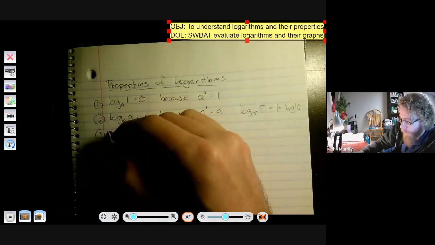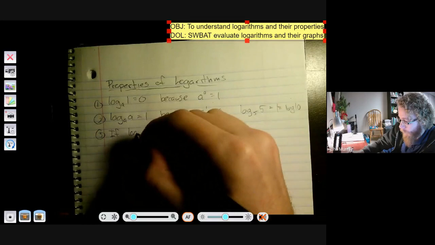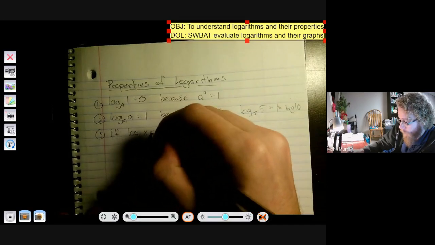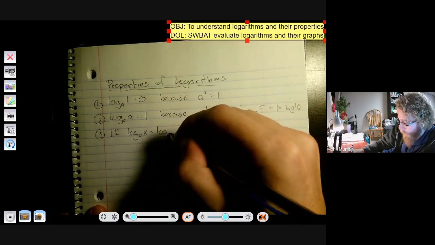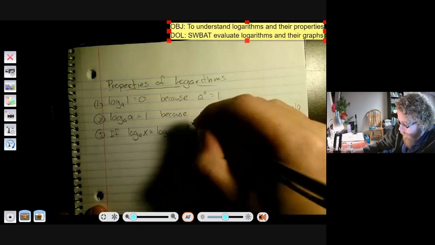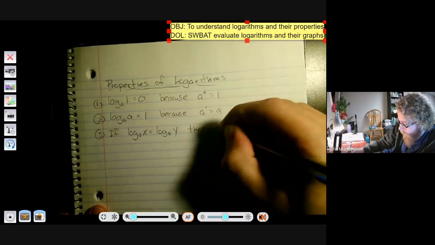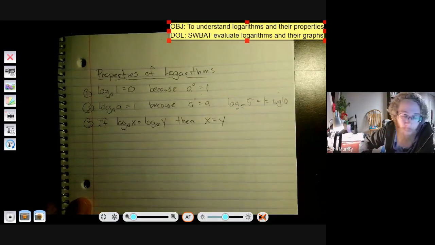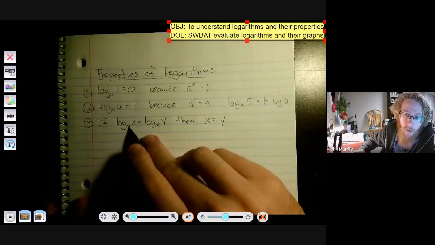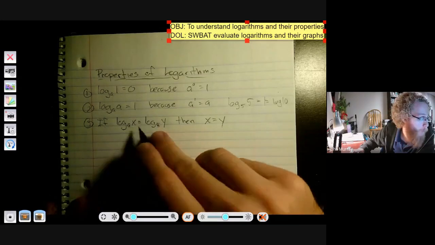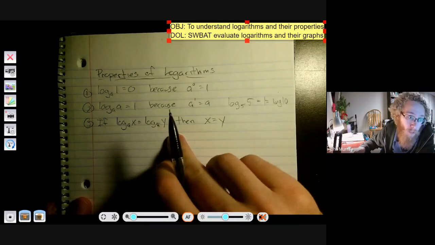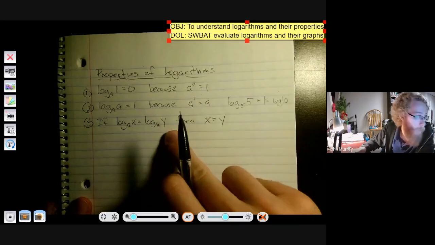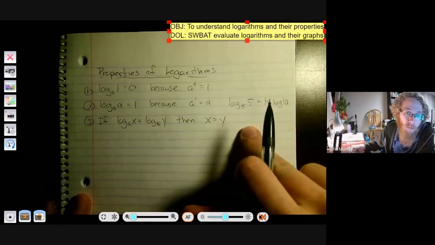Like our exponential rule, because we have the one-to-one property, as long as I have the same bases for my logarithms, then what's inside them is going to be equal.